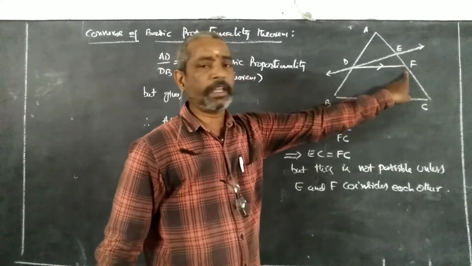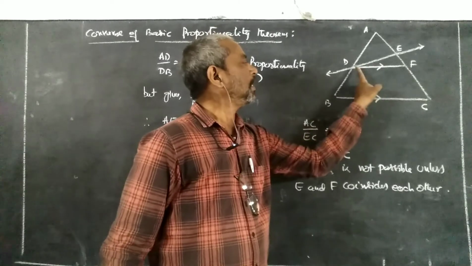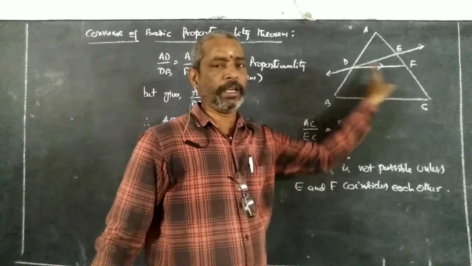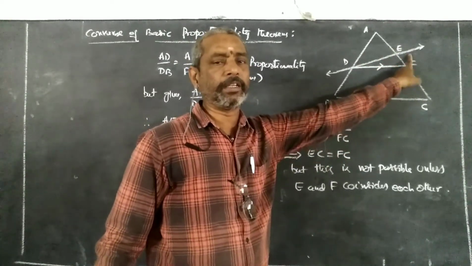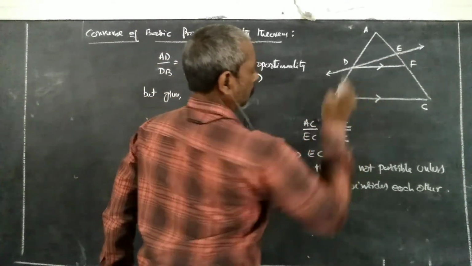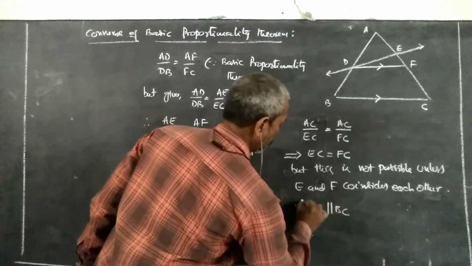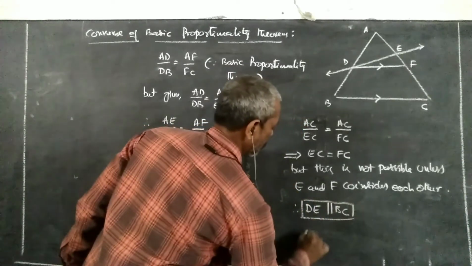So, if E and F coincide, DF itself is DE. That means DE is parallel to BC. Therefore, DE is parallel to BC. Hence proved.